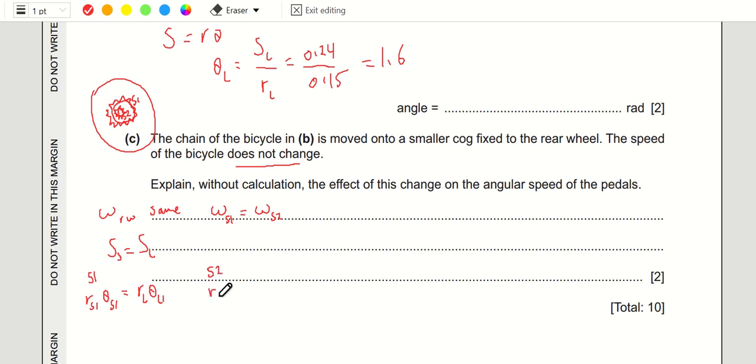So R S2 theta S2 equals R L theta L2. To find the change in angular speed of the pedal, which is the angular speed of the large cog, we have to find the relation between theta large cog 2 and theta large cog 1.